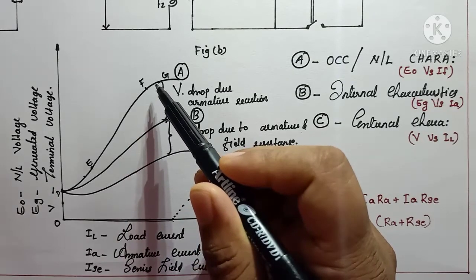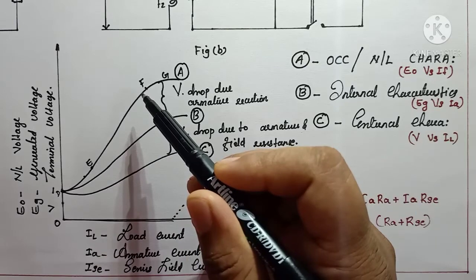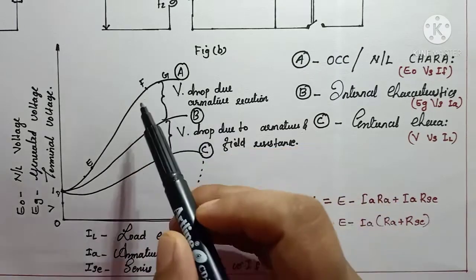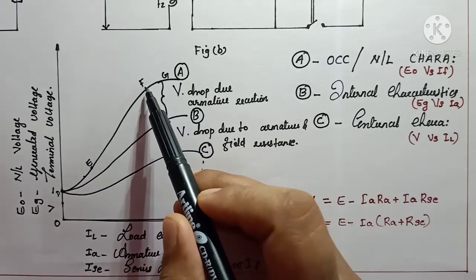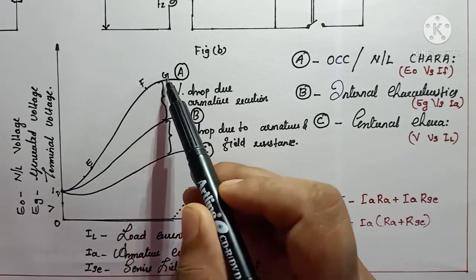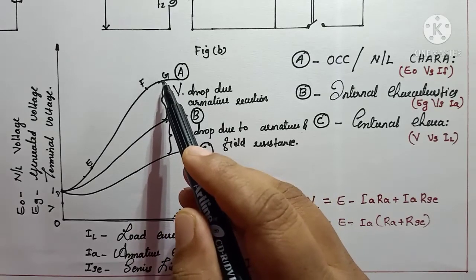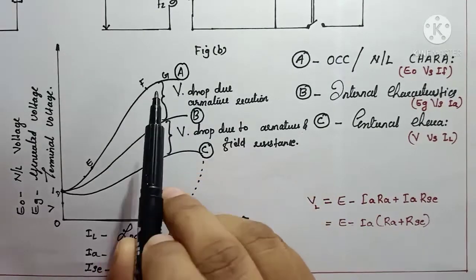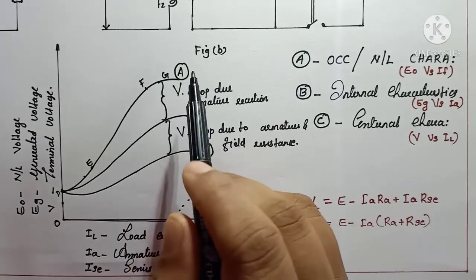But after that, due to the reluctance of the core, the graph will bend. From F to G the graph is bending like this, and from the point G the graph is a constant straight line. Why?